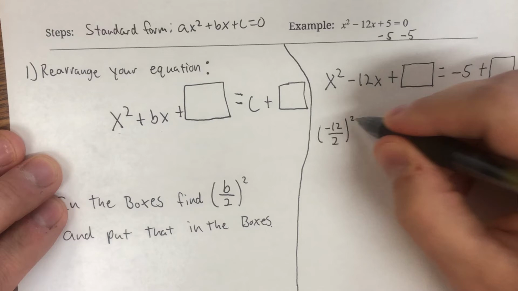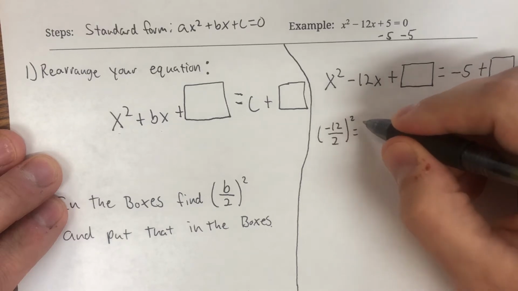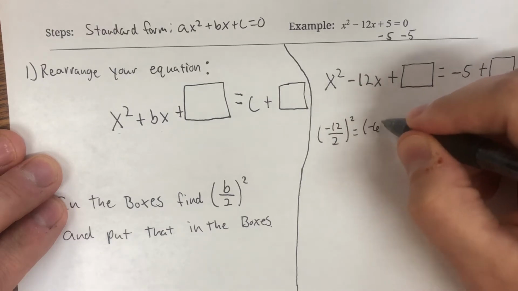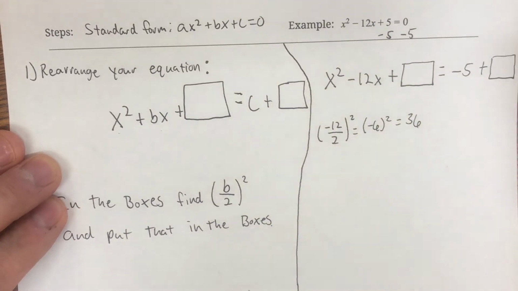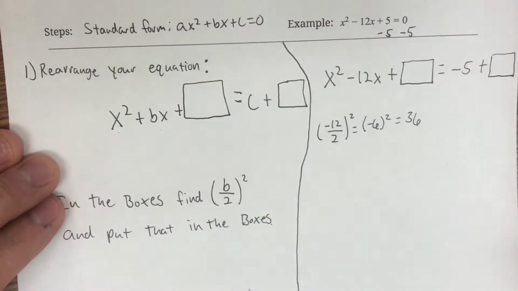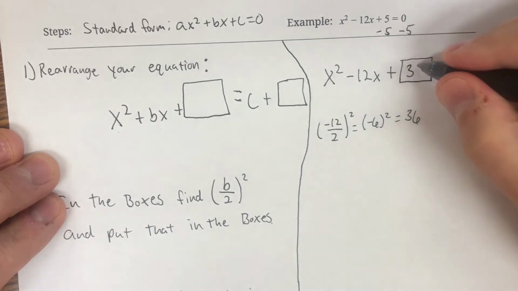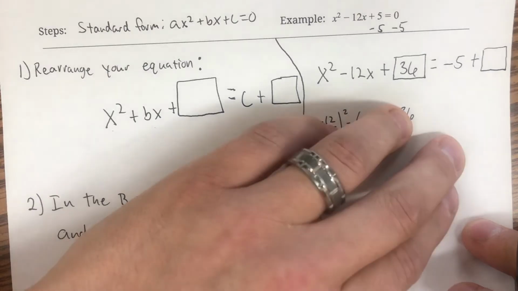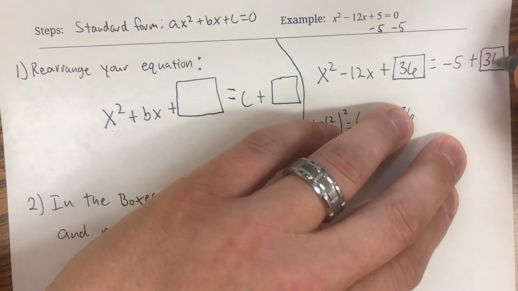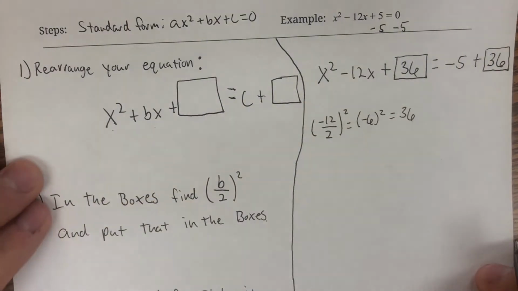And then square it. That's equal to negative 6 squared, which is 36. So inside the box, we're putting a 36. We're adding 36 to the left side. If I add 36 to the left side, I also have to add 36 to the right side.